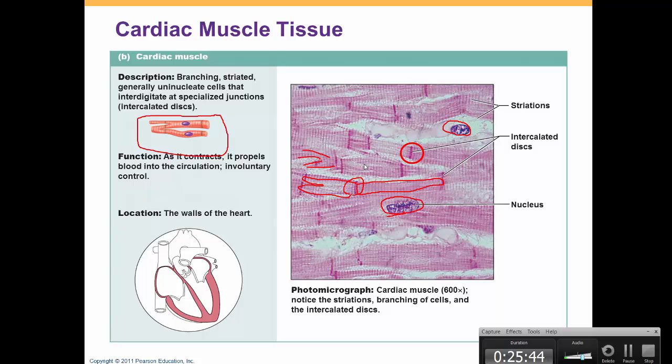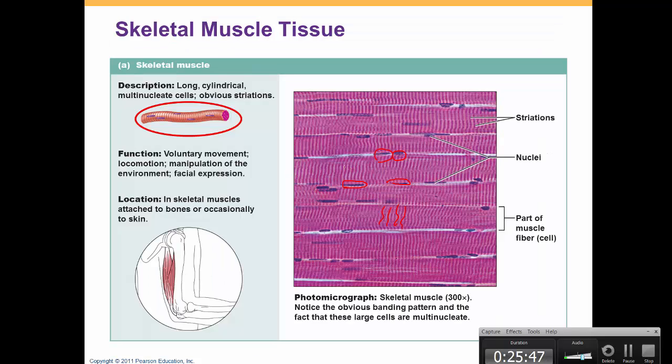If we go back to skeletal muscle, this is all one muscle cell. So if this is your triceps, a muscle cell will start here at the origin and will go all the way to the insertion, one cell. So there is no interruption of the cells at any point.